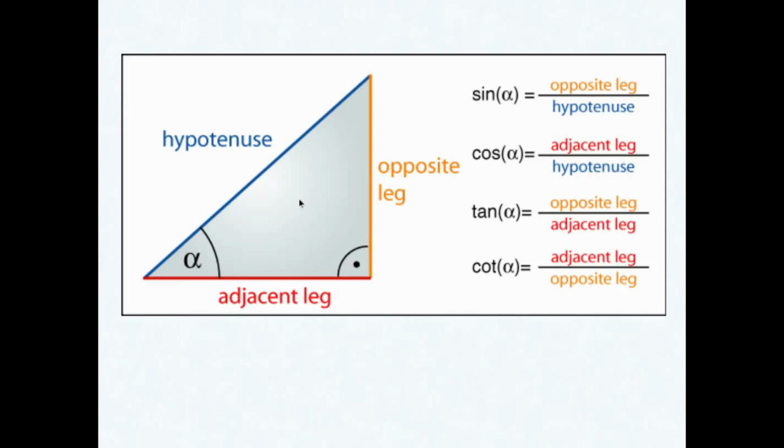From our angle, we look for the opposite, and then the one next to the angle we're working with is our adjacent side. And so then we will base sine, cosine, tangent all off of those. So sine, opposite over hypotenuse; cosine, adjacent over hypotenuse; and tangent, opposite over adjacent.